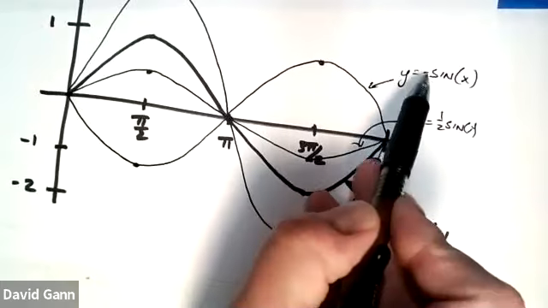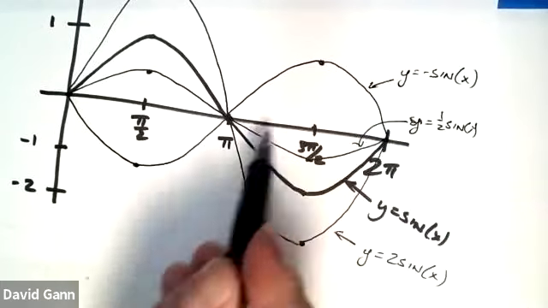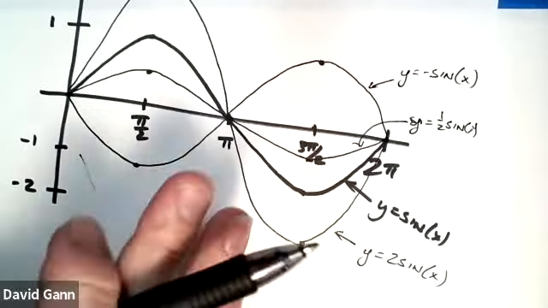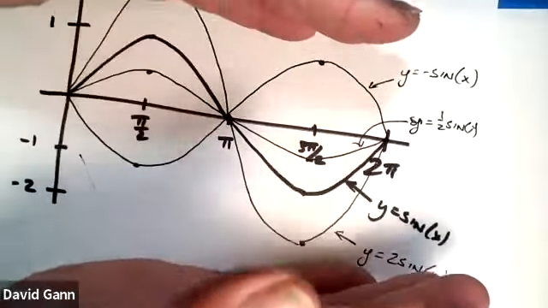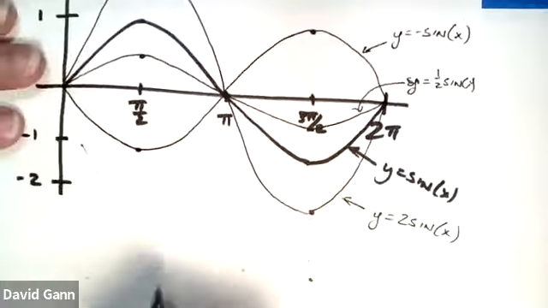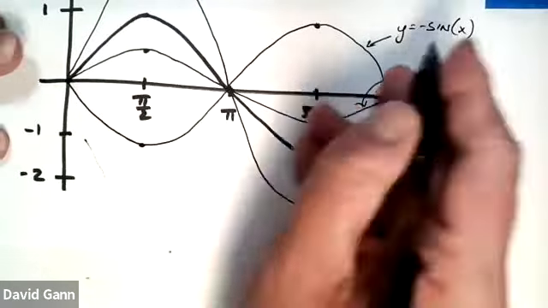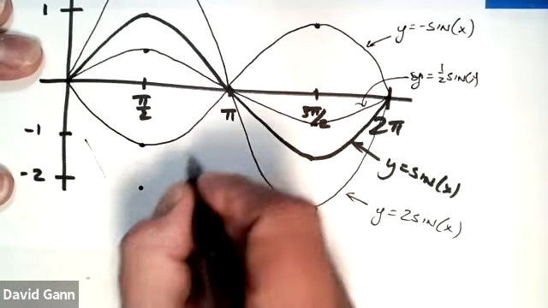And so what's going to happen is that if a gets larger but negative, this will actually stretch, right? It will stretch in the y-axis. It'll get farther and farther away. So if we were to look at y equals negative 2 sine of x, all of these values will double.